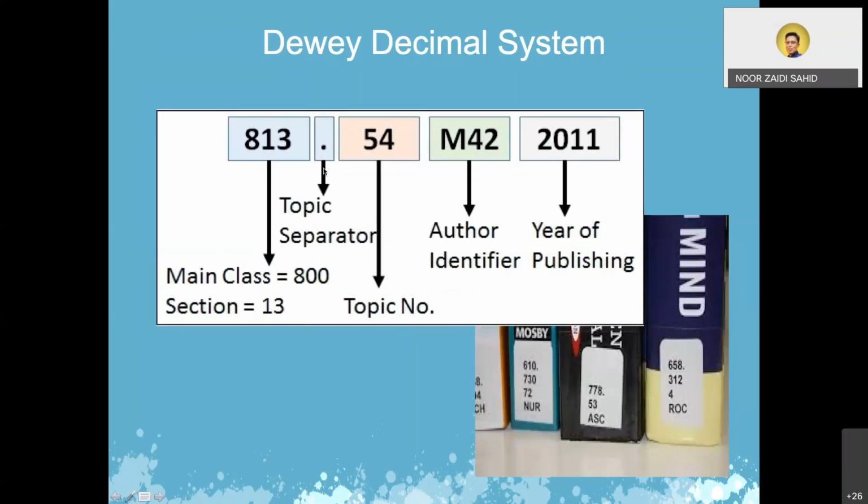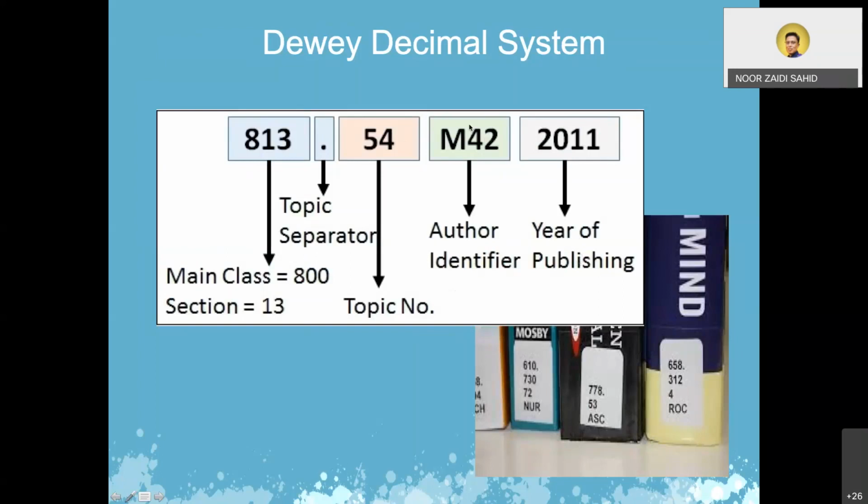So this is the main section, this number is the main one. And then 54 uses the classification system to determine the topic of the book in detail. You will learn this in more detail in the classification subject. I will not touch on it in depth. And then M42, this is the author identifier, and then 2011 is the year of publication.